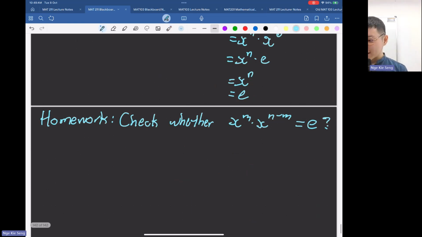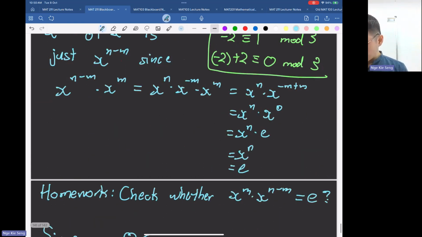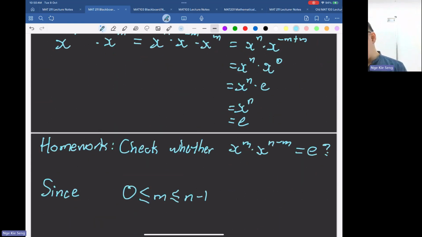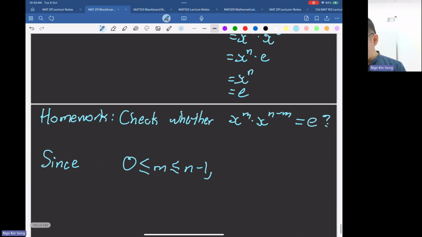Since 0 is less than or equal to m, less than or equal to n minus 1, then n minus m should be living in which region here? Between n and 1.